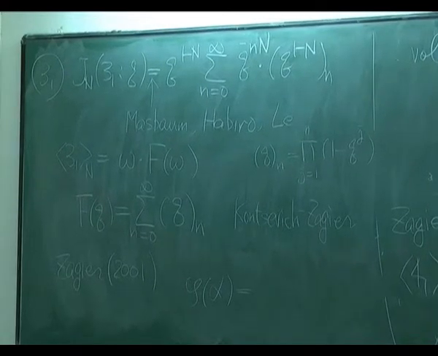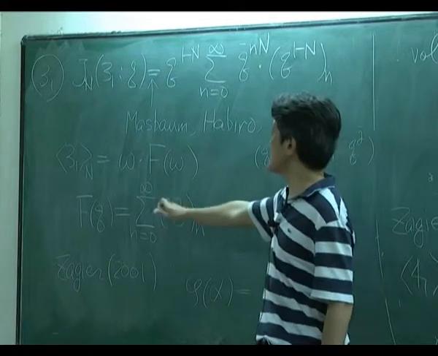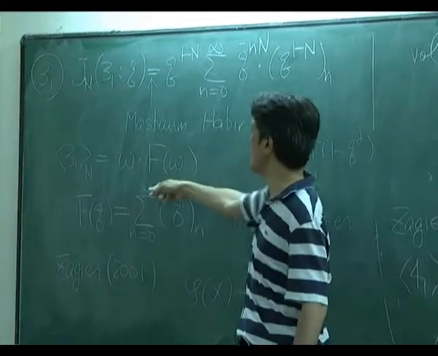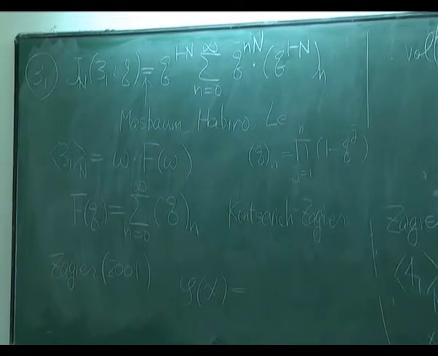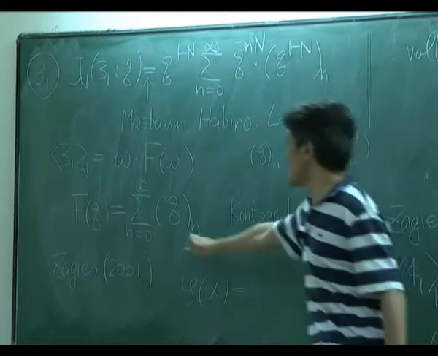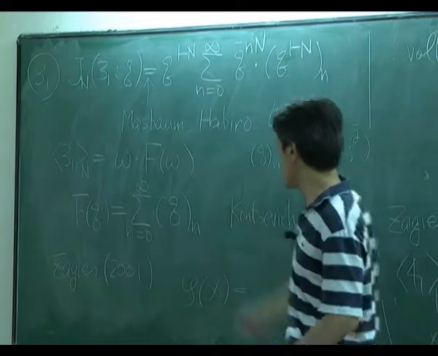But if q is an nth root of unity, this function is not an infinite series. We have just a finite sum, because if small n is larger than large N, this q-product vanishes. So we have a finite sum, and this has a meaning only at an nth root of unity.